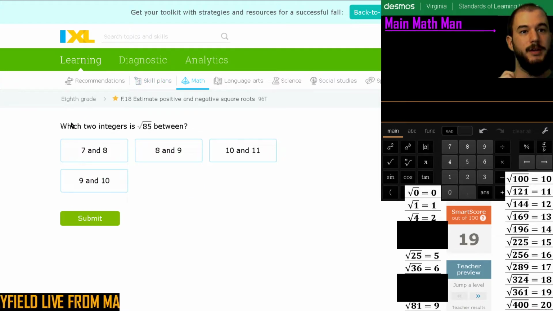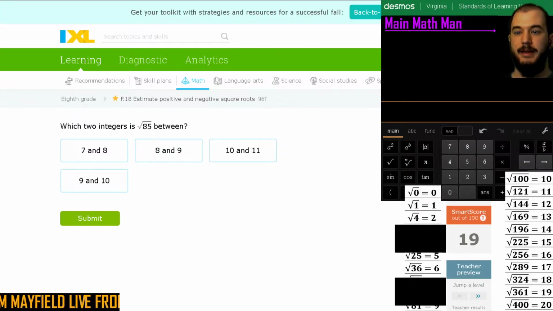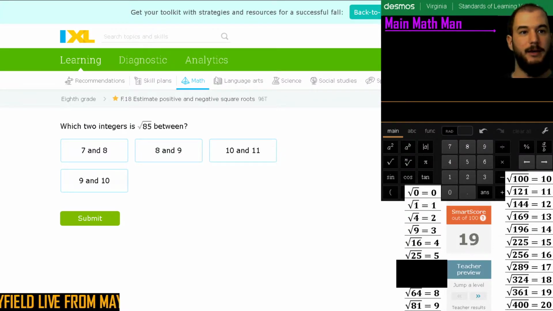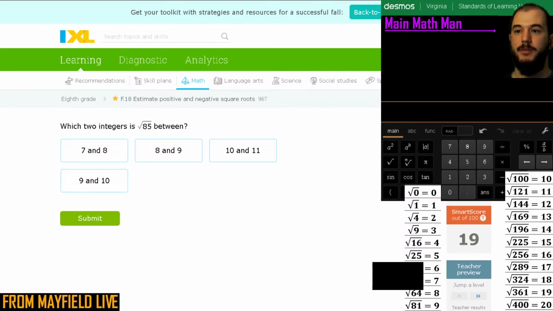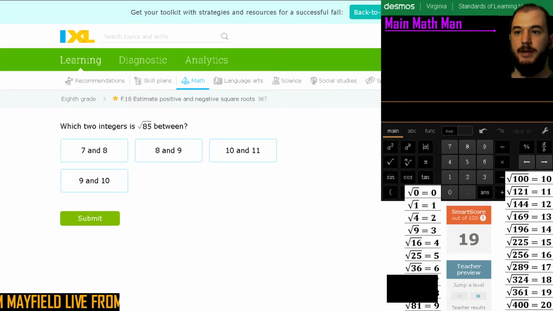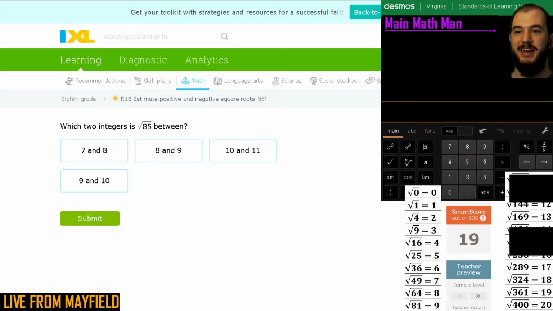All right, very good. So now, where does the square root of 85 go? Well, let's find 85. What two perfect squares would 85 go between? The only ones I don't have together: it'd go between 81 and 100.